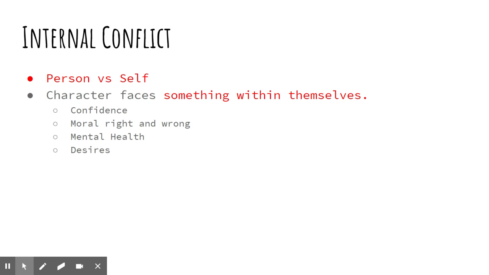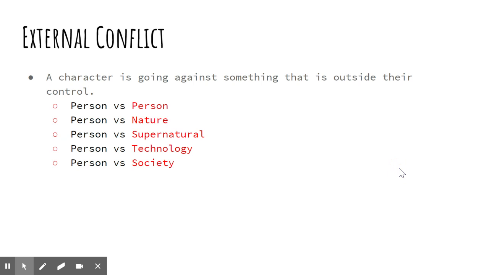Or it could be desires. Maybe a person wants power, or they want to be liked by someone, those types of things. So internal conflicts. External is, again, something outside of their control.